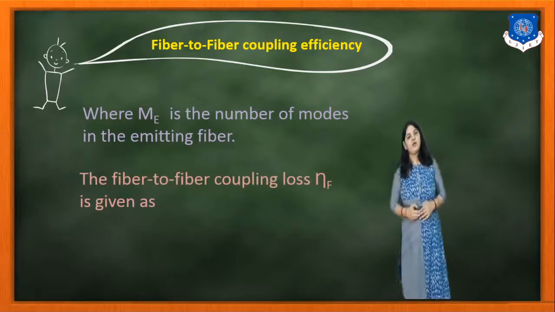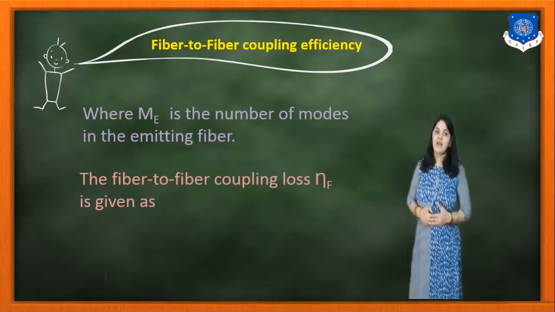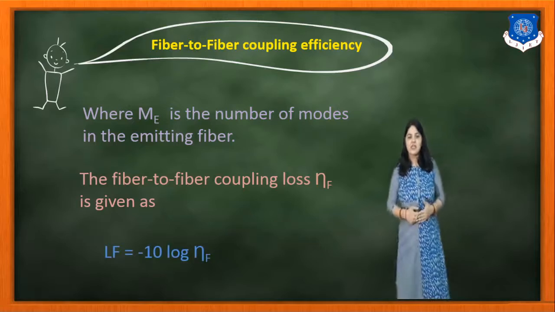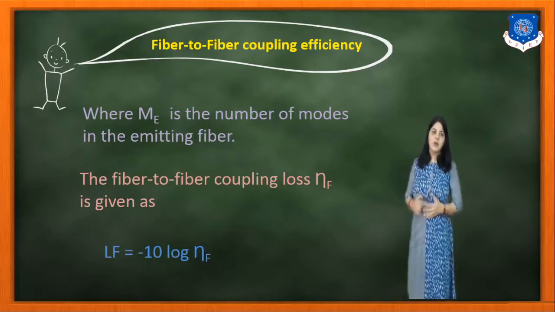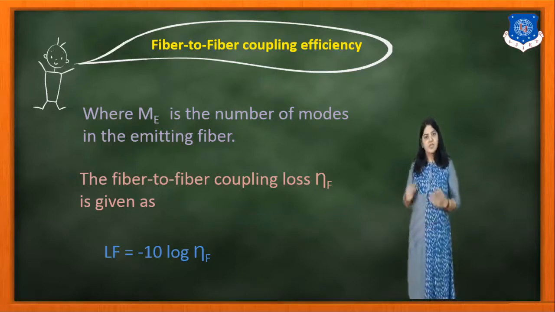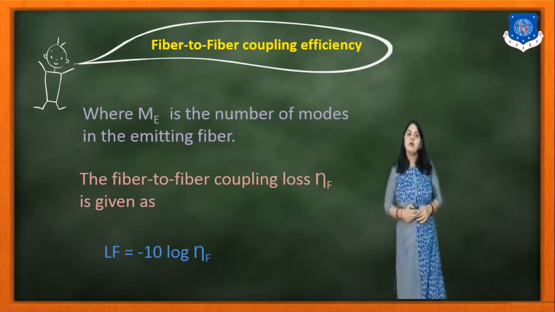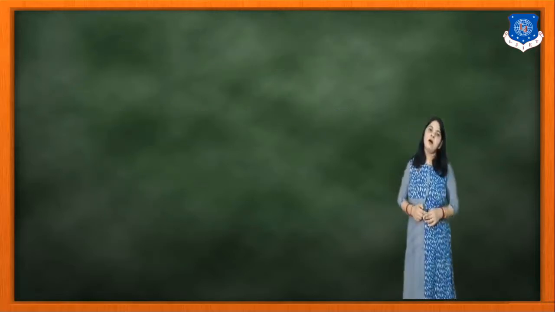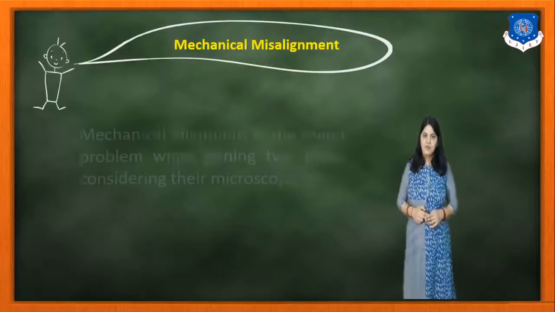The fiber to fiber coupling loss LF is equal to minus 10 log eta F. So we can write the equation of the loss in terms of eta F.